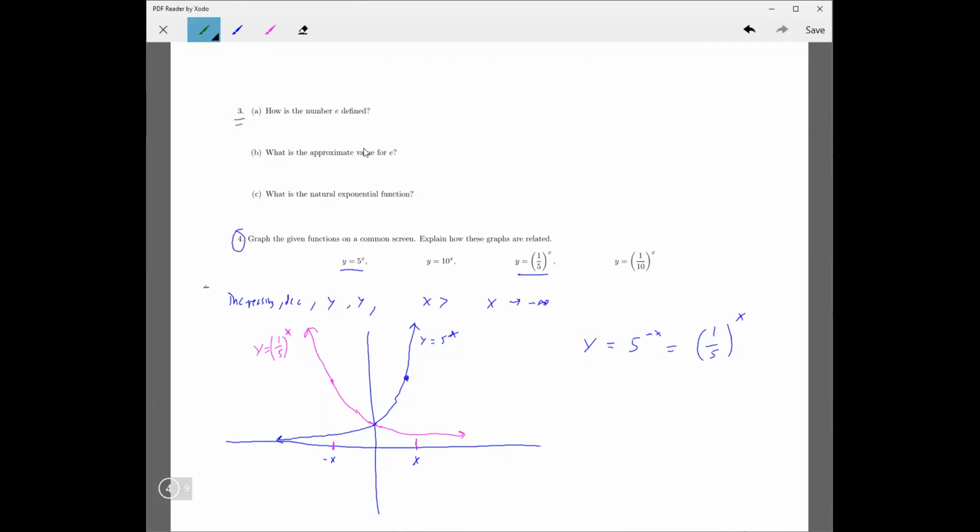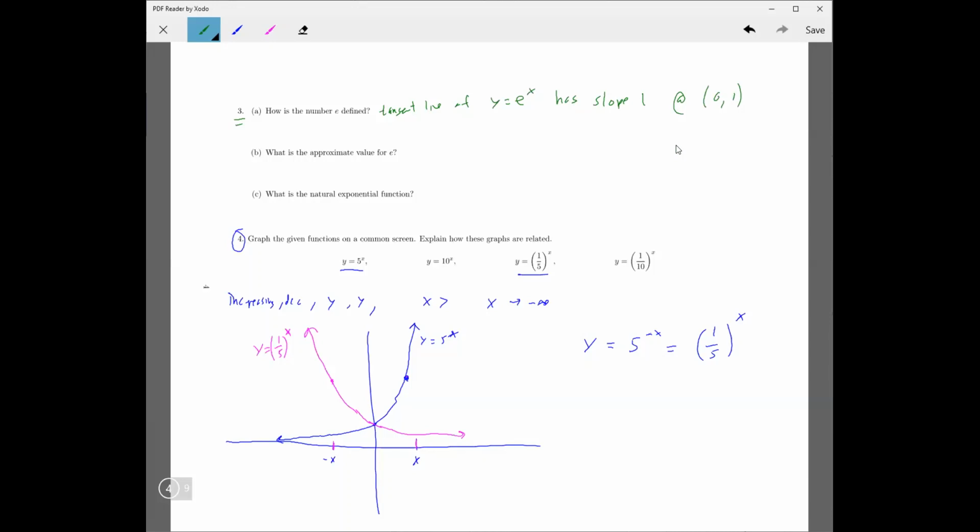Okay, so let's go back to number 3. The first part is, how is the number e defined? And we said it earlier, it's the value such that the tangent line of y equals e to the x has slope 1 at the point (0, 1).